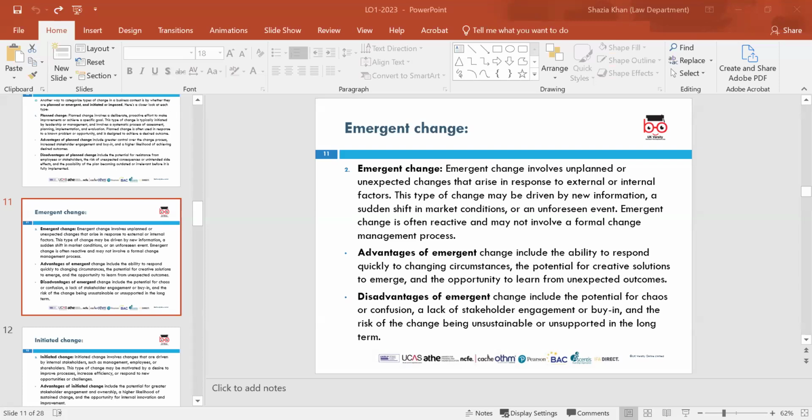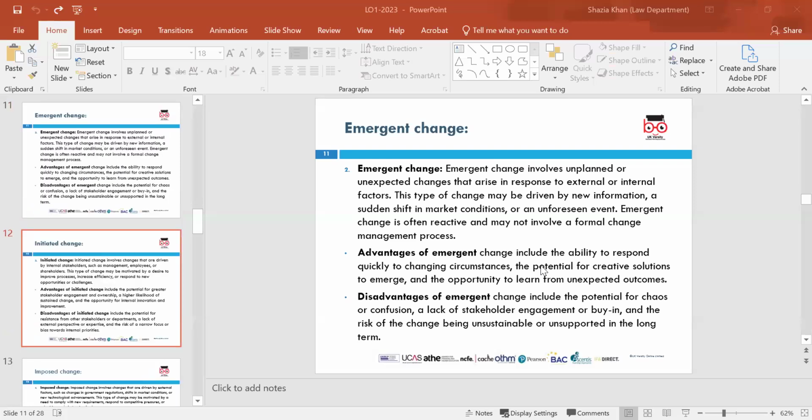It may not be expected, and it may be internal or external factors that emerge. You need to bear in mind that it may be something out of your control as an organization, but something that internal or external organizations want you to do.